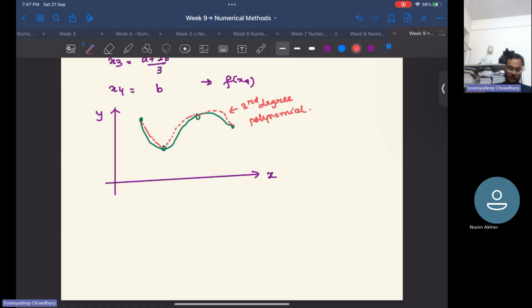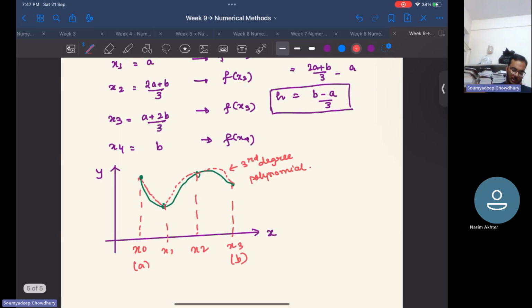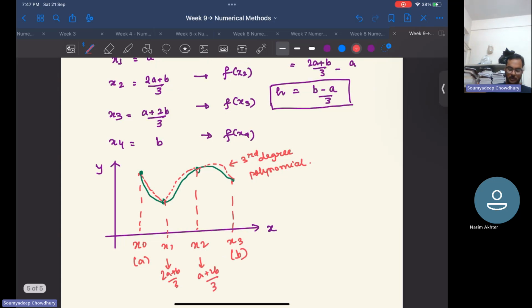This is your x naught, this is x1. Sorry, this is the lower limit and the upper limit, and the individual points x1 and x2 I have told. x1 is (2a plus b) by 3 and x2 is (a plus 2b) by 3. Right.